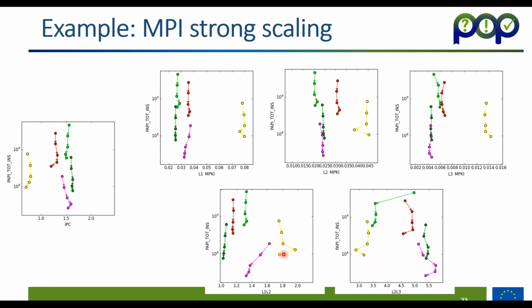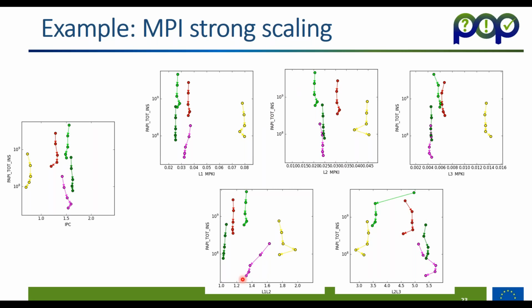Okay, there's one of them which is close. So the number of L2 misses per L1 miss is not very high. And we actually see that there is really not much change for this execution, except in some situations of the shapes of these metrics.